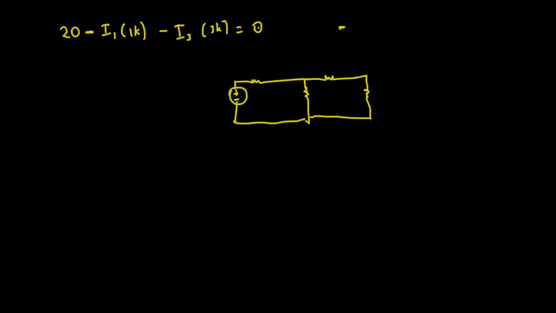So this is some loop like that. So we can have another loop that is minus 10 volts, and then minus I2 times 2k, minus I3 times 3k, that is equal to 0. So this is another KVL. This is just for the explanation.